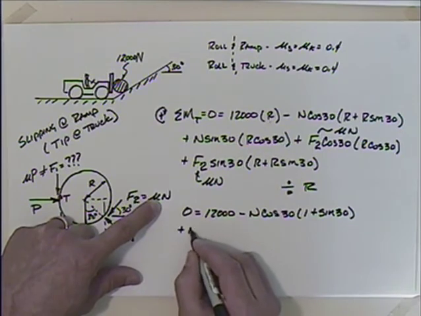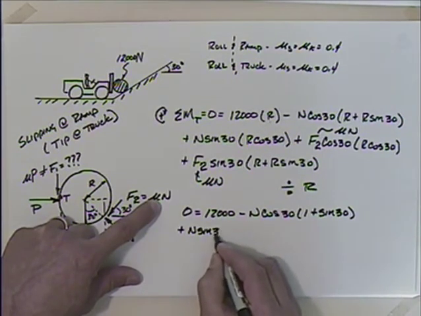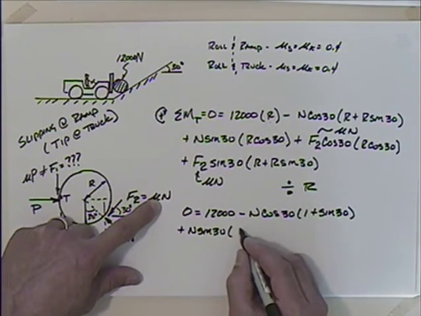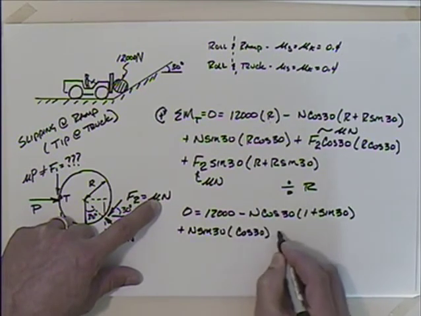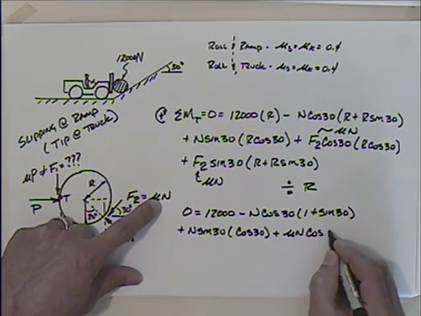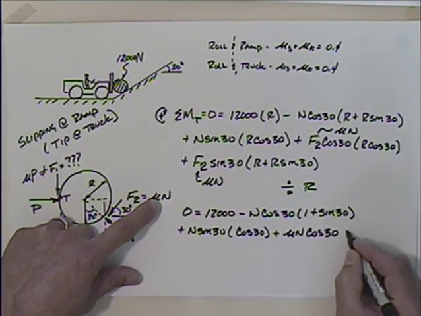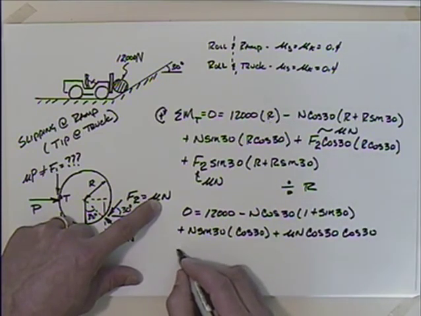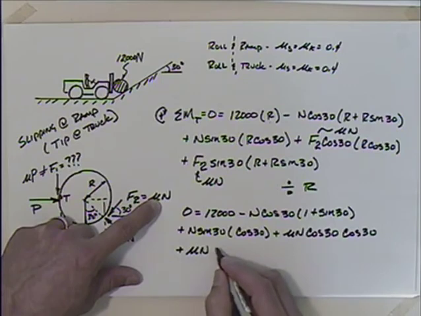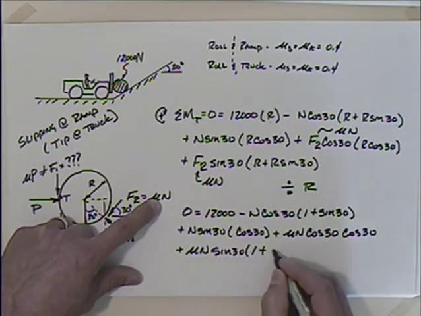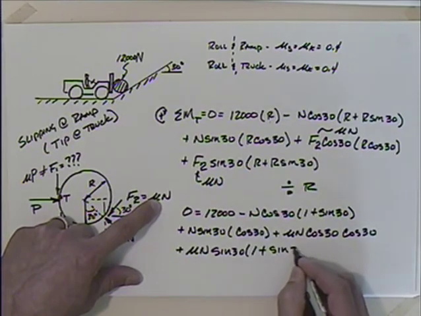Plus N times the sine of 30 times the cosine of 30, plus mu times N times the cosine of 30 times the cosine of 30, plus mu times N times the sine of 30 times 1 plus the sine of 30.